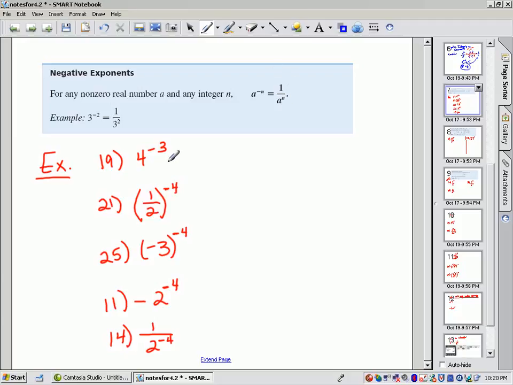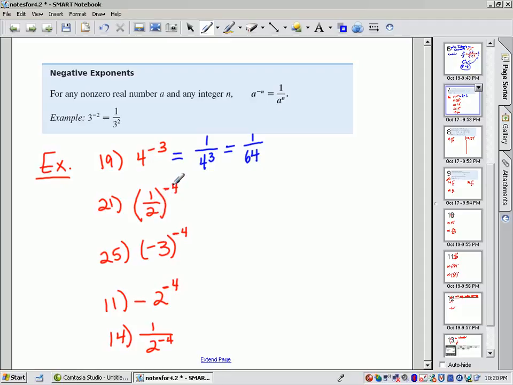So if I use the rule here, 4 to the negative 3 would have to become 1 over 4 to the third, or we can simplify that further to be 1 over 4 times 4 times 4, which is 64. A little bit tricky here, 1/2 to the negative 4.